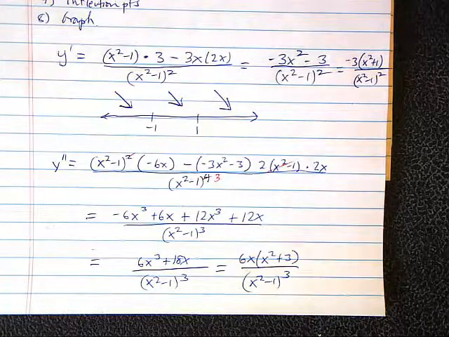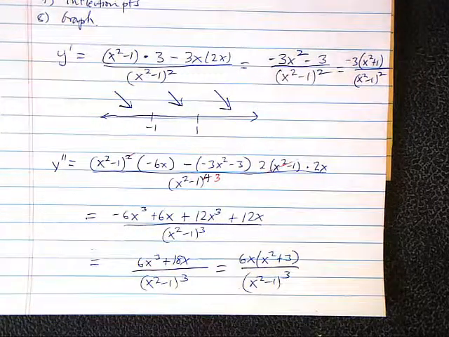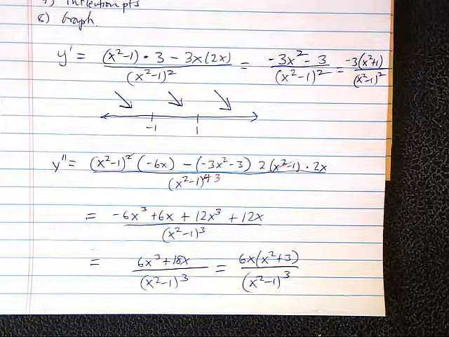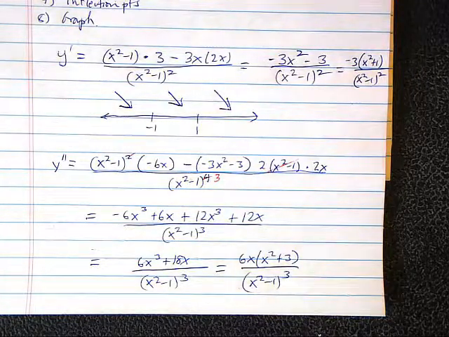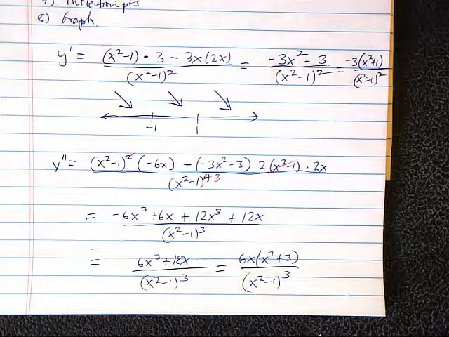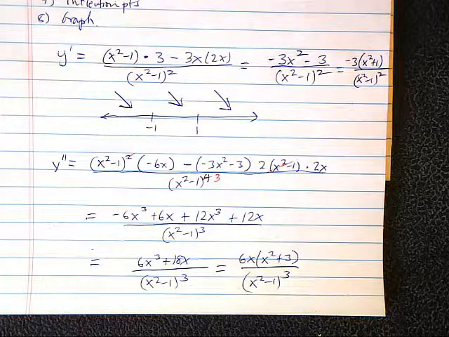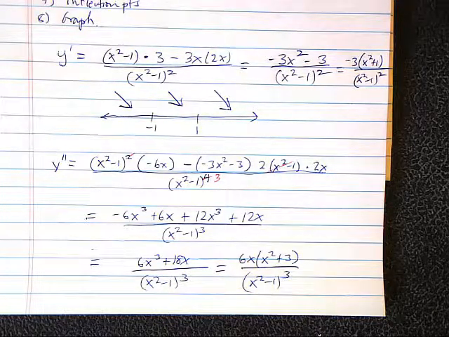Once again, if I were going to be mean and give this problem on a test, I would give you the first derivative, I would give you the second derivative. It would take too long and generate too many errors for me to expect you to do that under testing conditions. Okay?